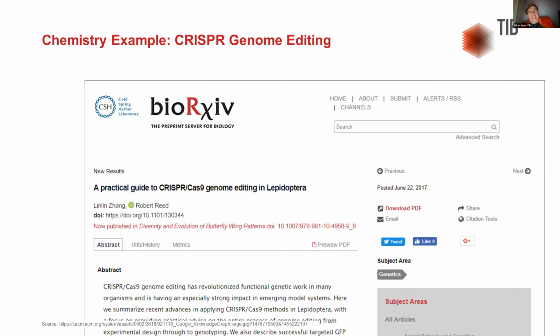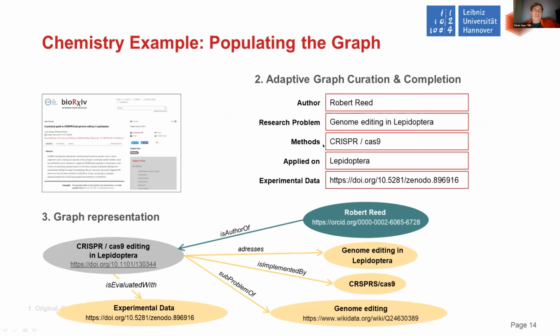And this article here is published in an open access repository, and we actually envision that when you publish such an article, you fill out some kind of a form where you not only add the bibliographic metadata like author, title, and so on, but also information on the research problem which you address, on the methods which you use, on what materials they are applied, where the experimental data is located. And by filling out such a form, you actually populate a part of a knowledge graph, which you see on the lower part of the slide.